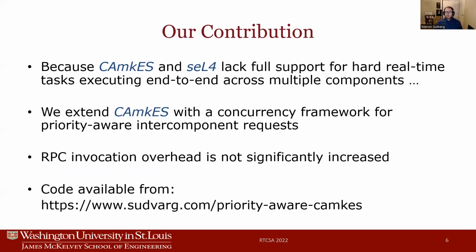Because CAmkES and seL4 lack full support for hard real-time tasks executing end-to-end in this way across multiple components, we have extended CAmkES with a concurrency framework for priority-aware intercomponent requests. Even with our framework, RPC invocation overhead is not significantly increased, and all code for our extensions is available from my website, which is listed here.